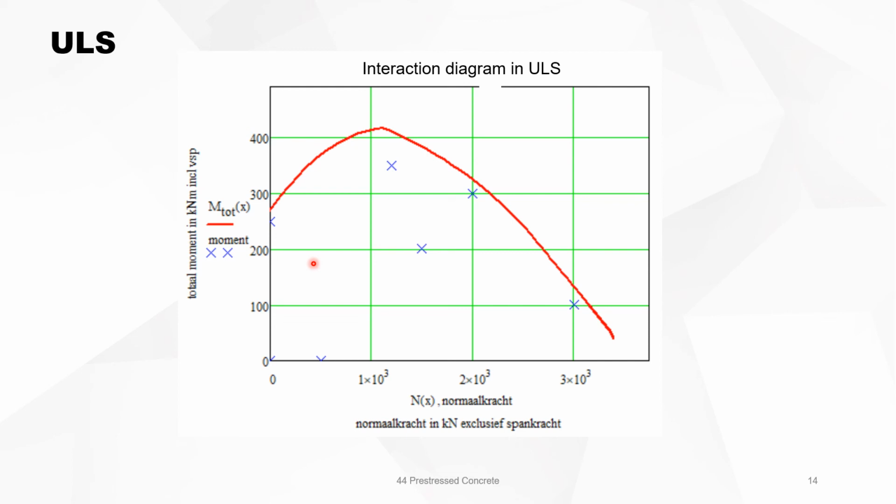It can be compression or tension, and then together with the total bending moment, inclusive of the prestressing bending moment. And then you get your dots, and if the dots are below the curve, then it is okay. So the ULS check is only a check. It's only checking the capacity under eccentric axial force.